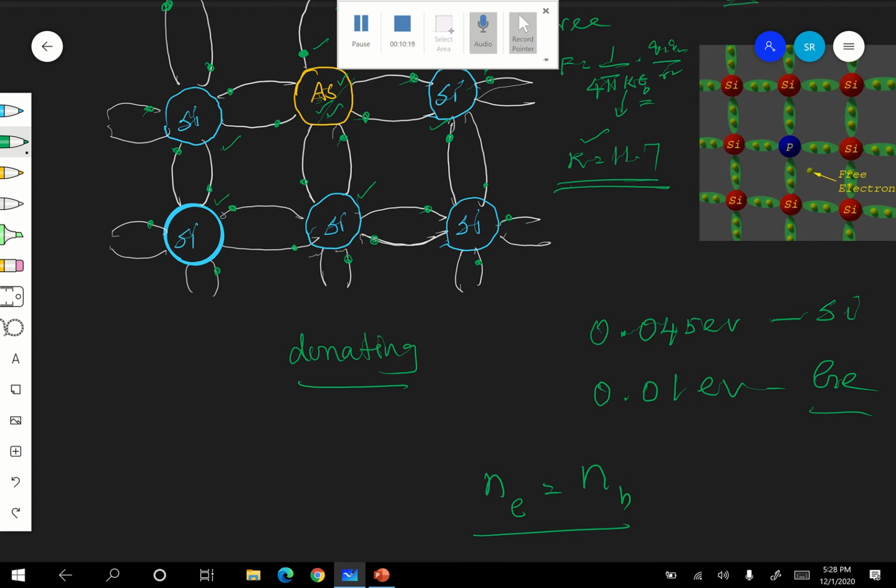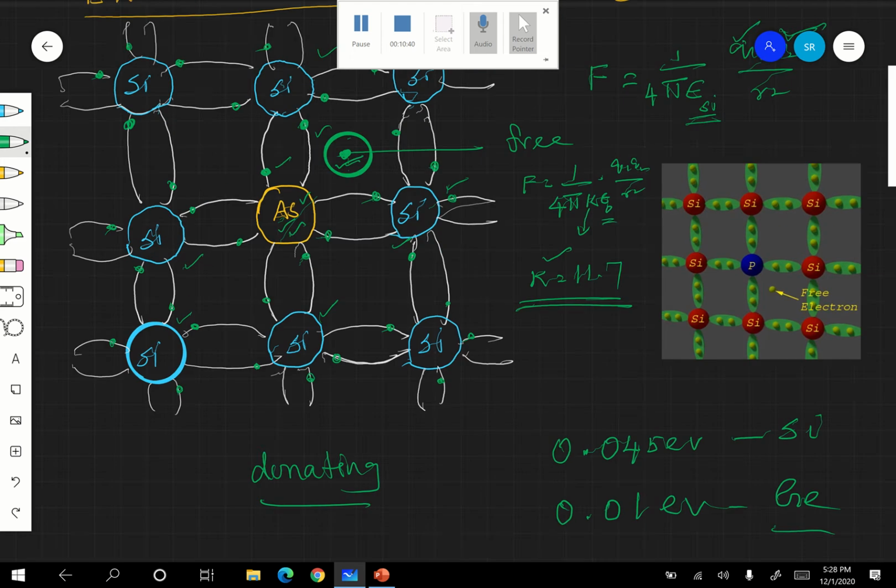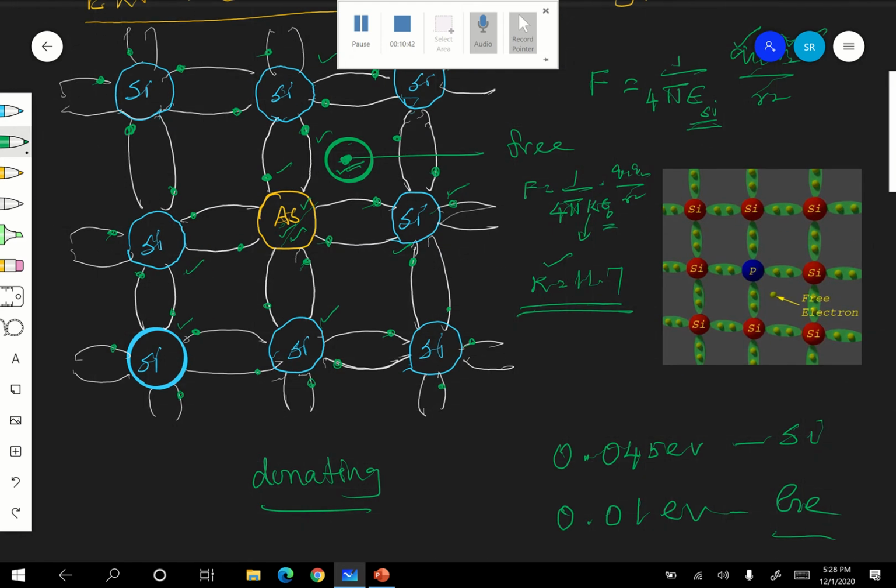That is here also. Those carriers are always available, because at room temperature many electrons from the valence band will jump into the conduction band, as in an intrinsic semiconductor. But in addition to that, arsenic is added, and arsenic gives one more electron.